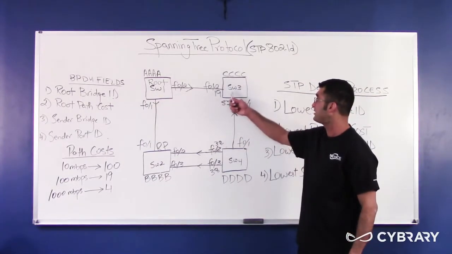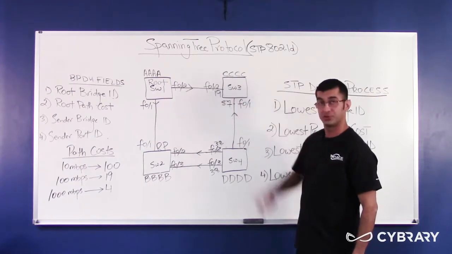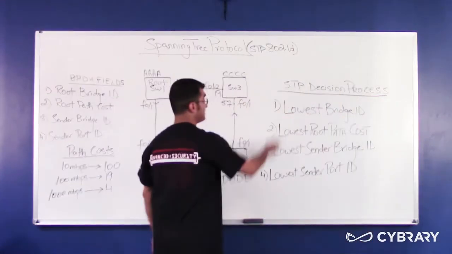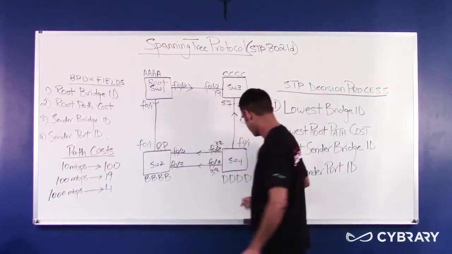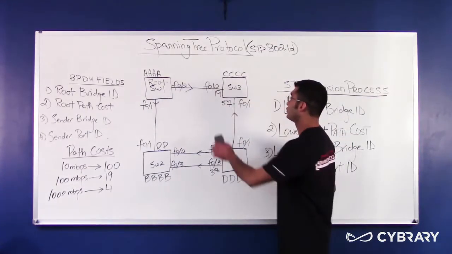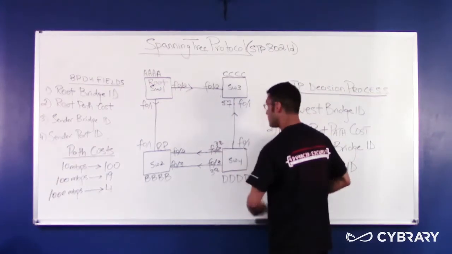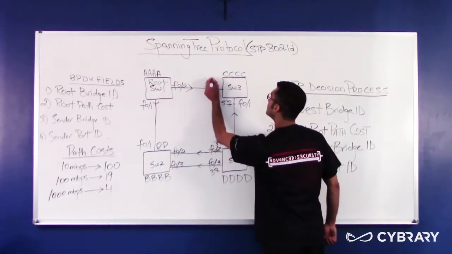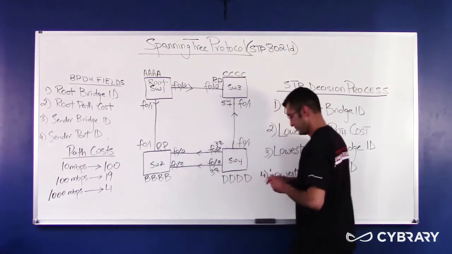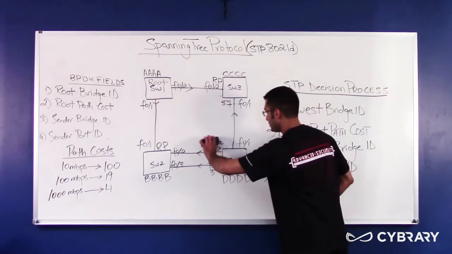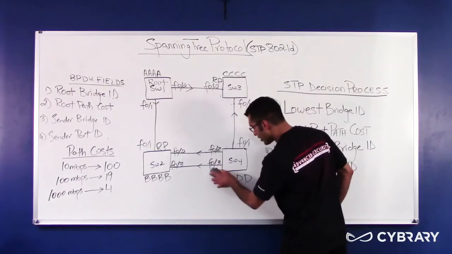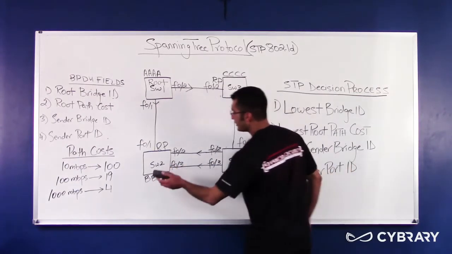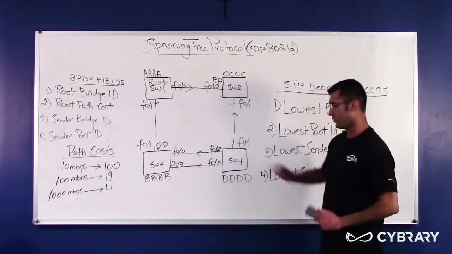Since switch 3's cost at F0/2 is lower, remember, the decision process, the second step says lowest root path cost. Switch 3 F0/2 becomes your root port. Once again, I am going to erase the cost, and then we are going to work through switch 4.